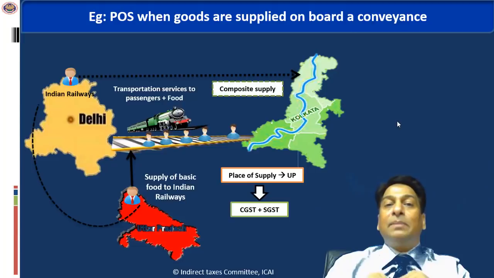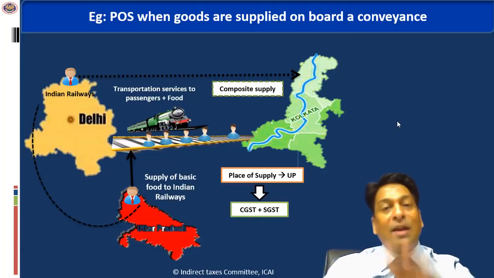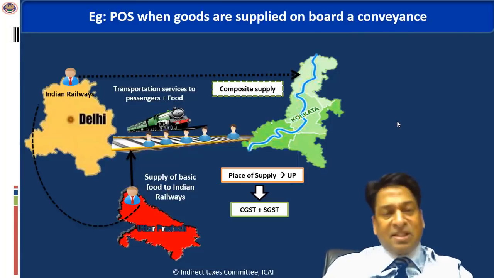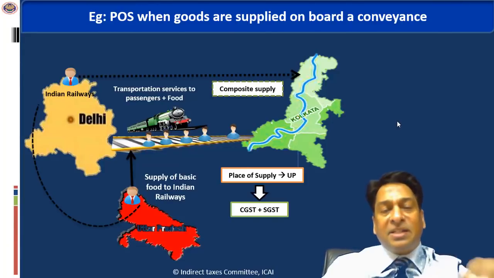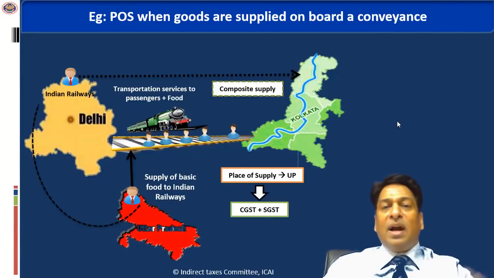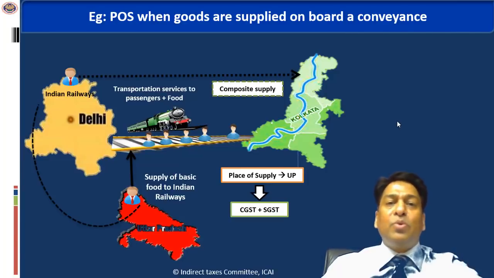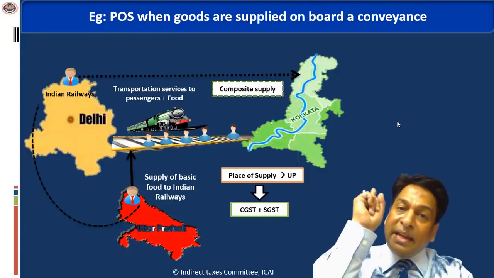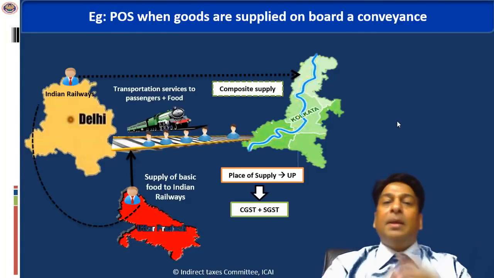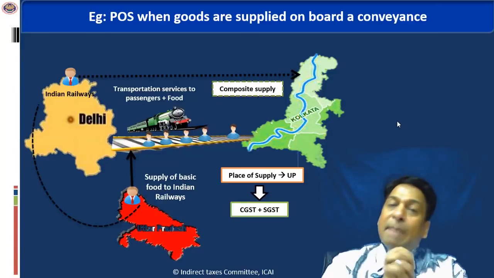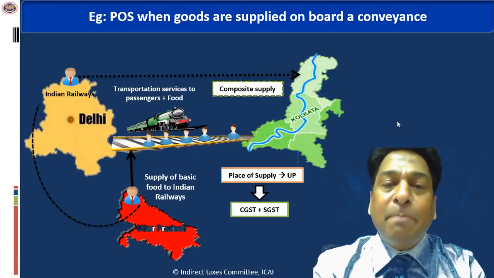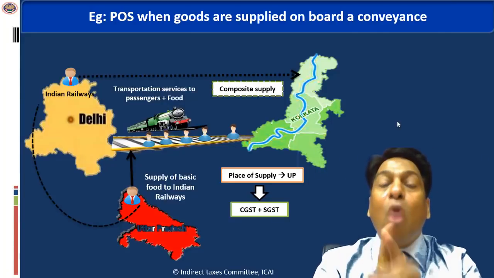You can take an example. Let's say a registered customer from Haryana, Gurgaon, undertaking this service from New Delhi to Calcutta, but registered in Gurgaon in the state of Haryana. Though this Rajdhani is starting from New Delhi, please tell me, place of supply in case of B2B would be what?